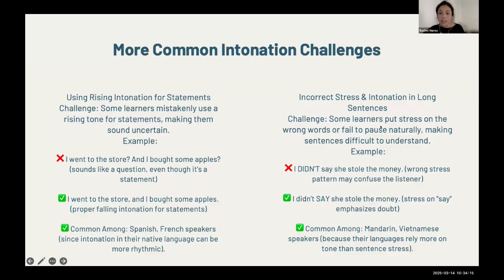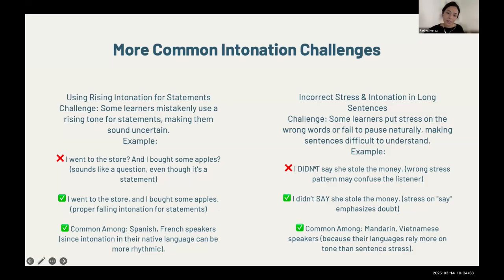Another challenge, some learners put stress on the wrong words or fail to pause naturally, making sentences difficult to understand. So, I didn't say she stole the money. I didn't say she stole the money. So, what is this? I want to ask if someone can raise their hand.